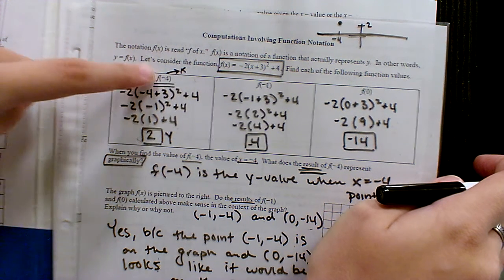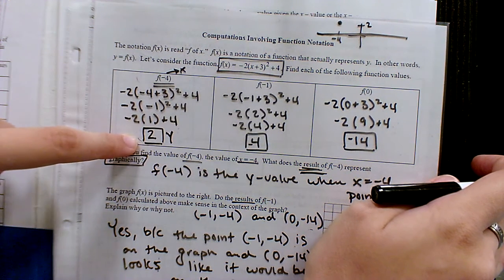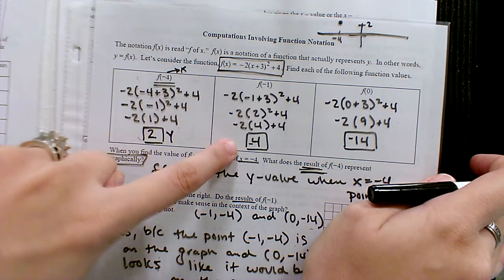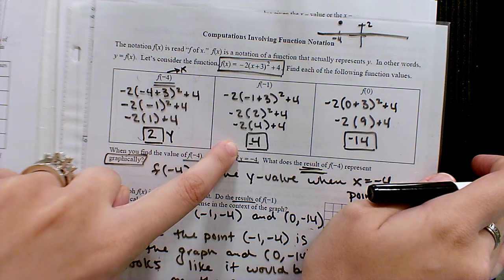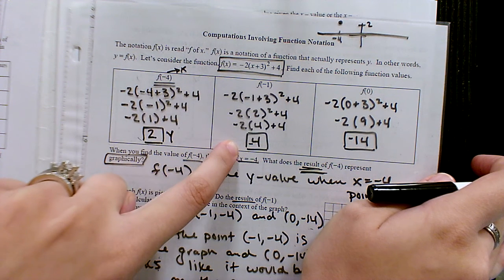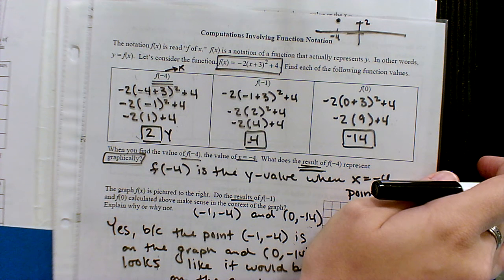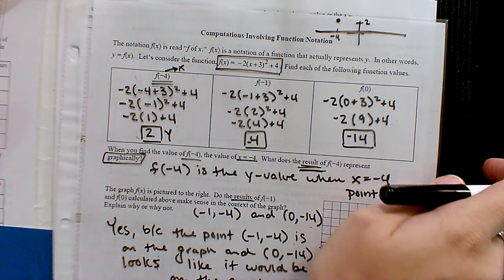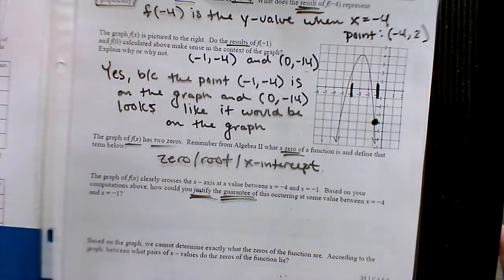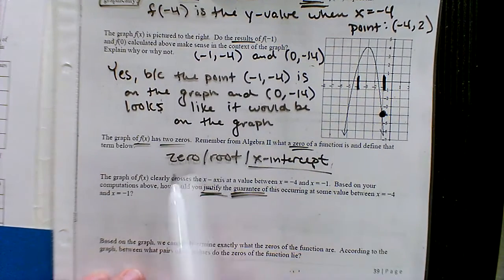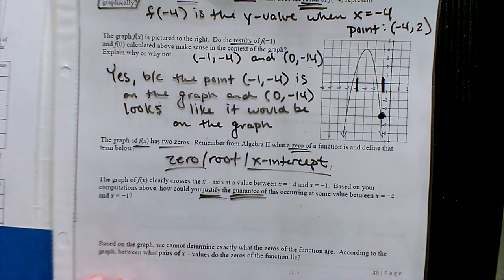Let's see, when you plugged in negative 4, you got 2. When you plugged in negative 1, you got negative 4. How do you know there's an x-intercept between those two points? Let's think about this. X-intercept and 0 are synonyms, right?